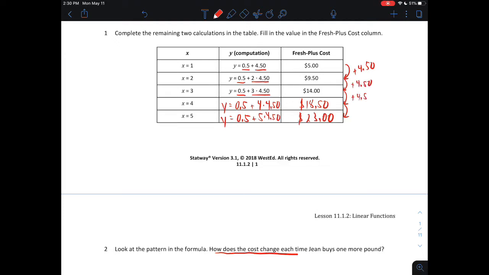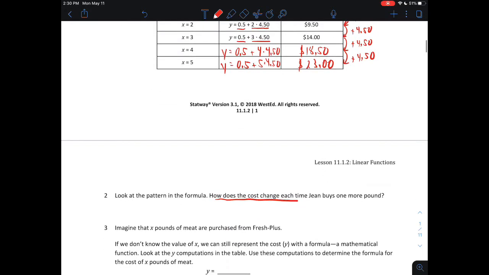So how does the cost increase each time Jean buys 1 more pound? It increases by $4.50. All right, so now we just recognize some patterns from that one option.